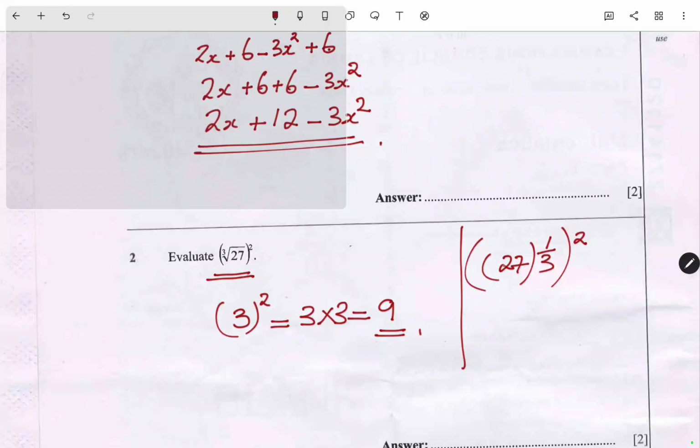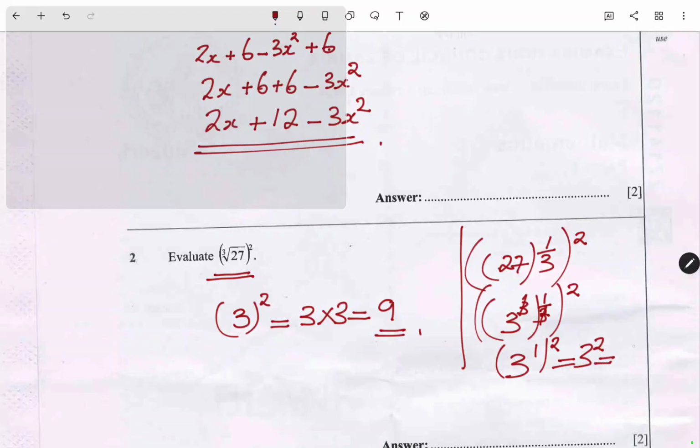Since that is the case, this here to be 3 to the power 3, like this, to the power 2. 3 and 3 will divide. You're going to have 3 to the power 1 and 2 there. And this becomes 3 squared, which will give us 9. Why should you complicate your life? Even this one's okay. Very much acceptable.